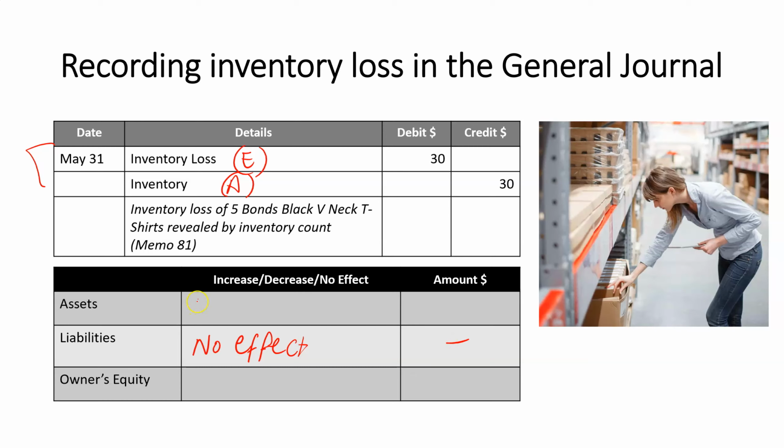We know that there will be a decrease of $30 for assets, and that's because inventory is going down. And we know that because of the expense going up, that means that net profit will go down. There's a decrease in owner's equity, and that's of $30 in this case.